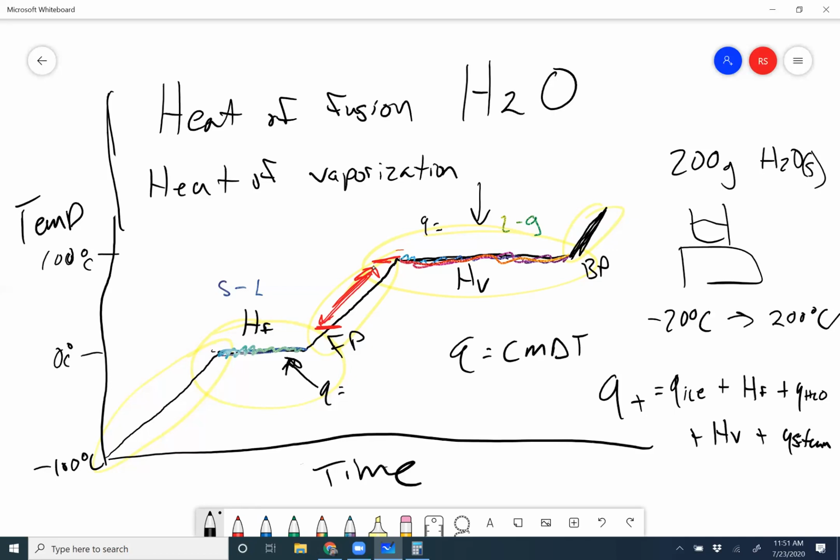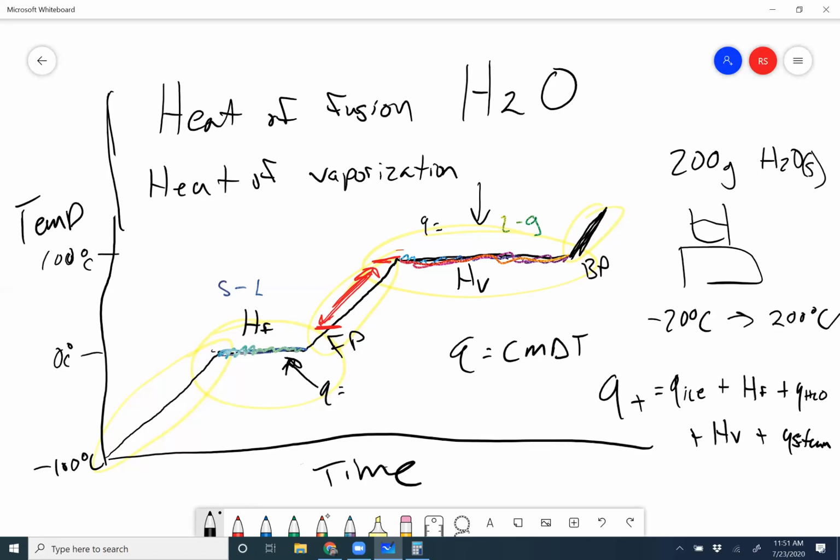And so we would have to add up all of those different equations to find the total energy. Now, this is a lot of work and it takes a lot of time.